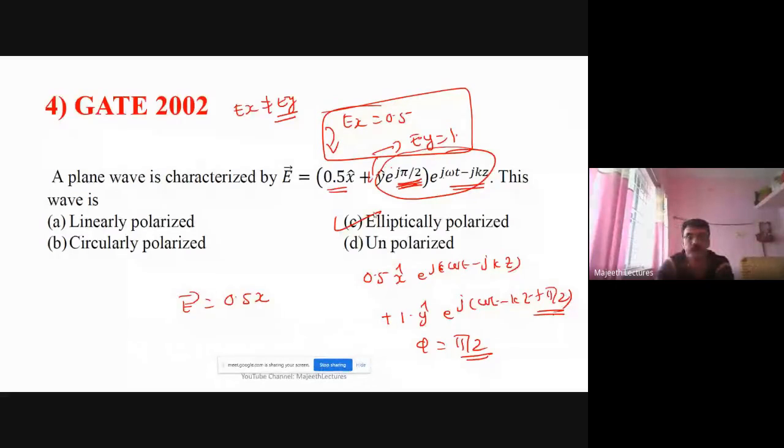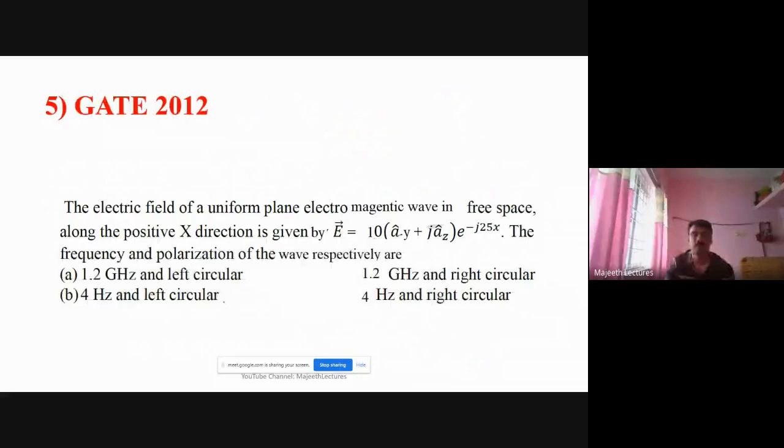Clear? Okay. Here you see, the electric field of a uniform plane electromagnetic wave in free space, propagating in x direction, is given by this one. What is the frequency and the propagation of the wave? Right? So how can we find frequency?